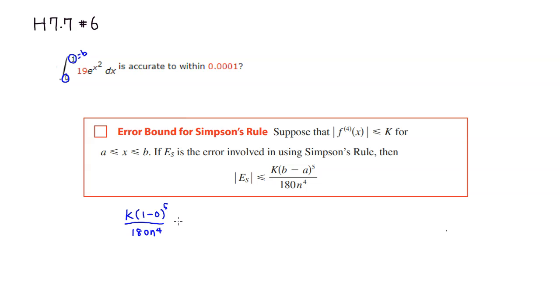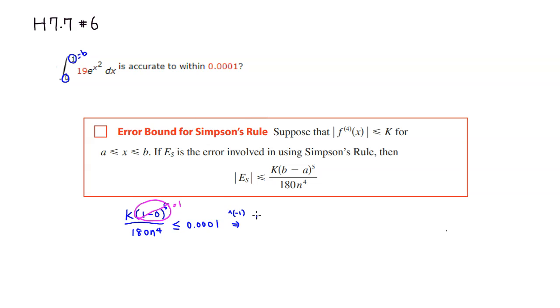So we want this to be less than or equal to 0.0001, right? Since the numerator is just 1, I'm going to scratch that. Then I'm going to take the reciprocal of both sides.